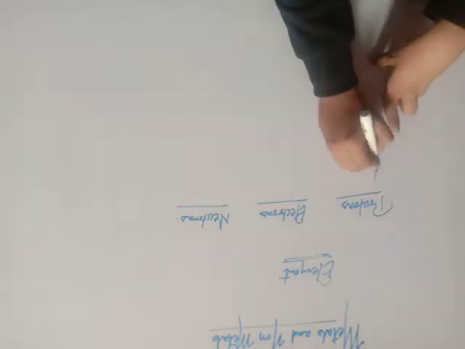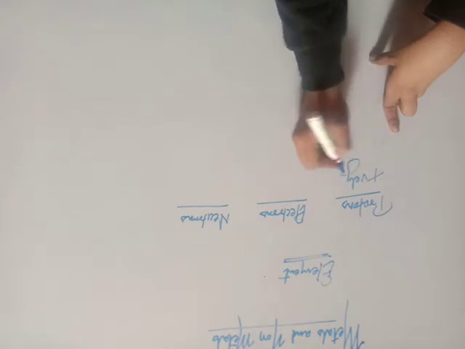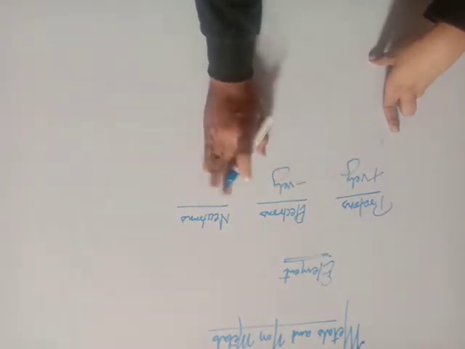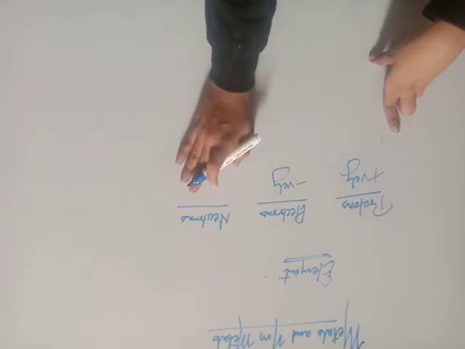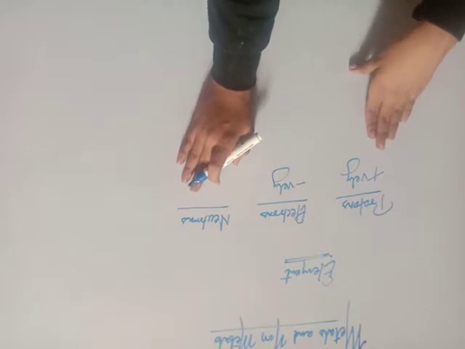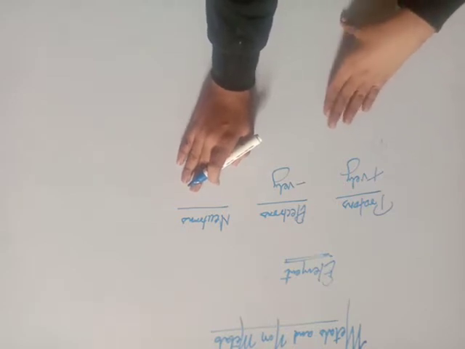The protons are positively charged, the electrons are negatively charged, and neutrons are neutral. They do not have any charge. So protons are positively charged particles, electrons are negatively charged particles.